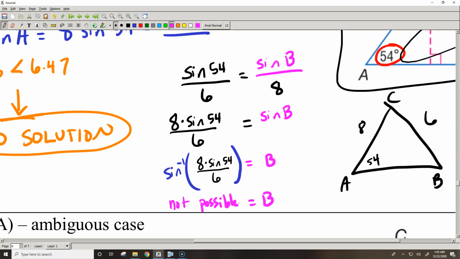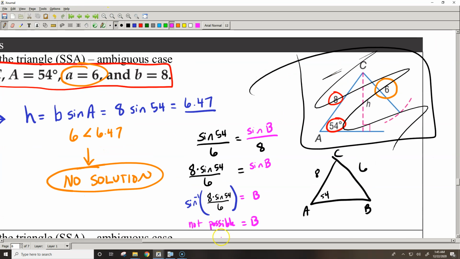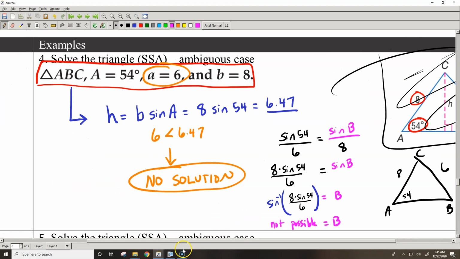Okay, and it makes sense in how we're doing this problem. So there are really two ways you can go about this no solution case. I guess the easiest way is just to calculate the height, and if the a value is less than the height, it's automatically no solution.